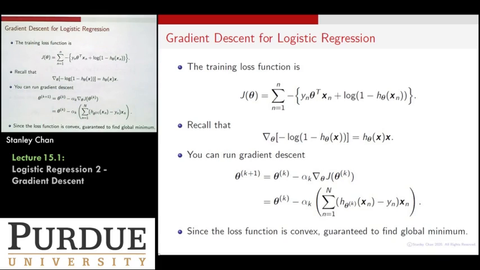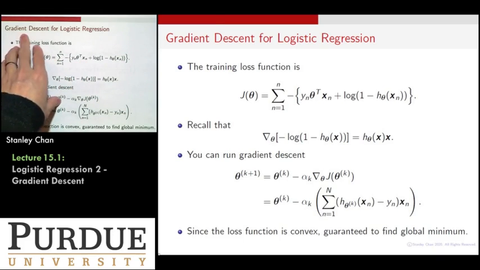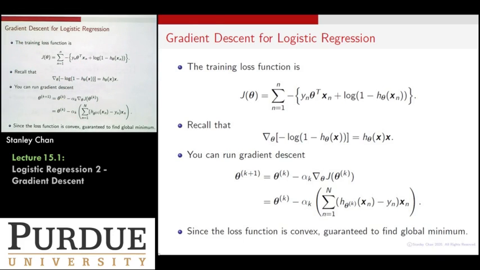The good news is that for this logistic training loss, the gradient descent algorithm is actually not too bad to write, because I have a training loss function and I can calculate its gradient in closed form. So the only matter is that I need to choose the right step size. But as usual, you can always choose the step size by trial and error. You start with something big. If it doesn't converge, try something smaller.